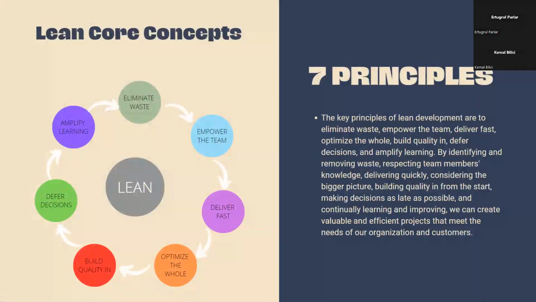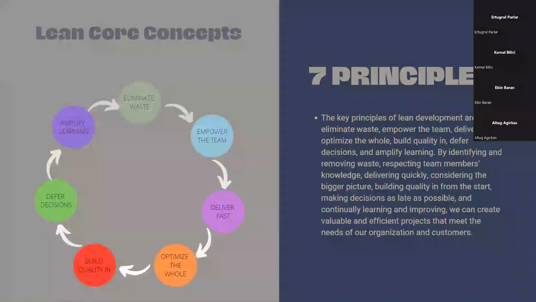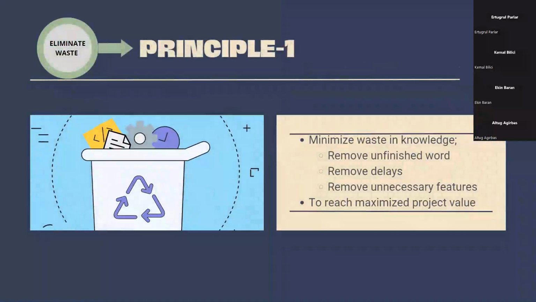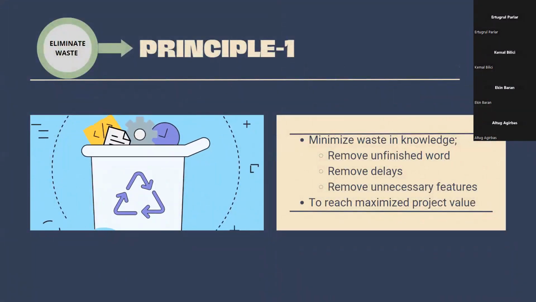Here, as it's shown, I will start with eliminating waste. Waste can take many forms in knowledge work, such as partially done work, delays, handoffs, unnecessary features, and more. Identifying and removing waste is crucial to increasing the value of projects.